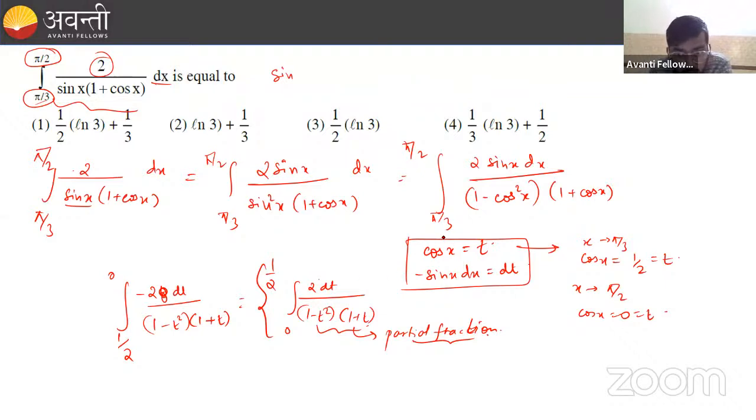When it was pi by 3 it is half, when it is pi by 2 it is 0.